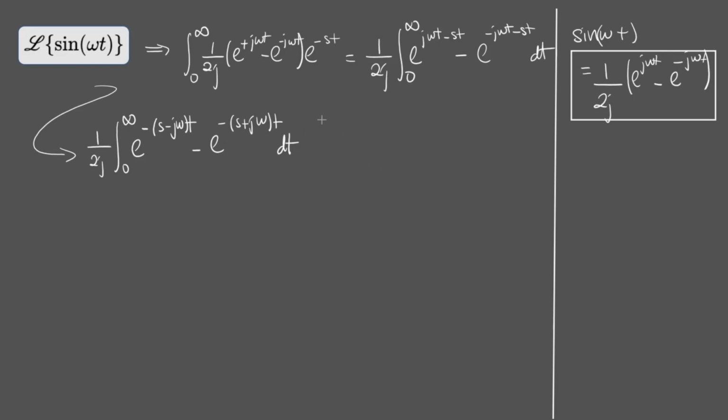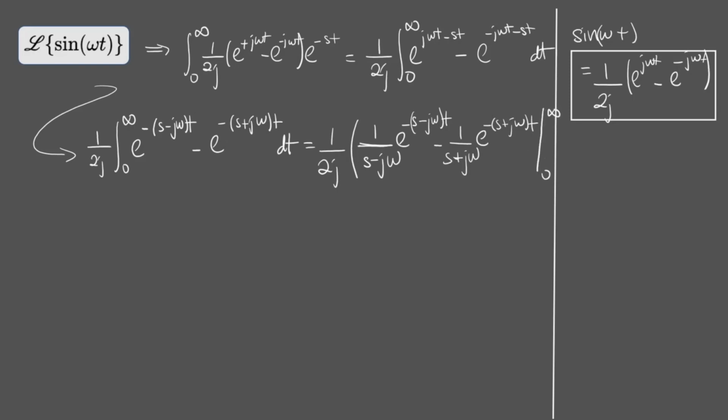So that's going to give us 1 over 2j, open the bracket: 1 over s minus j omega, e to the negative (s minus j omega) t, subtracted from 1 over s plus j omega, e to the negative (s plus j omega) t. Then we're working from 0 to infinity.